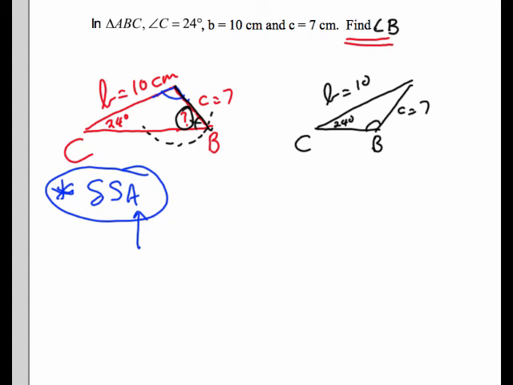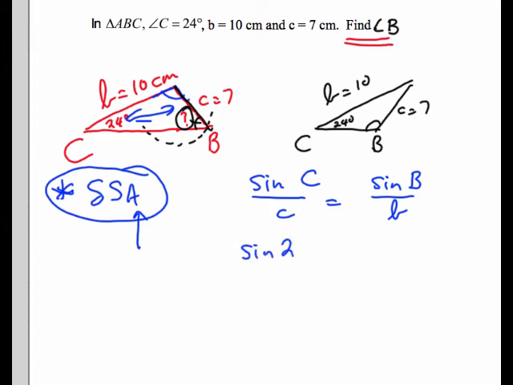Alright, let's jump in and see how the sine law will deal with this. You'll notice that we do have an angle and a side across from it, so we can use the sine law. Sine C over C, and then we're talking about side B and angle B, so we could say sine B over B. Let's substitute our numbers into the sine law. So the sine of 24 degrees divided by 7 is the sine of B divided by 10.